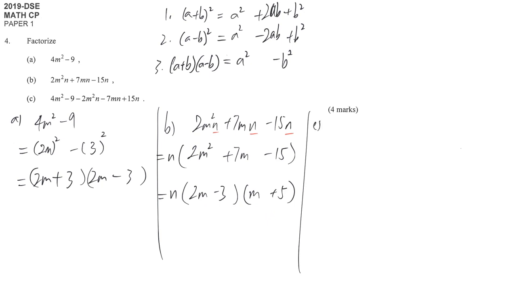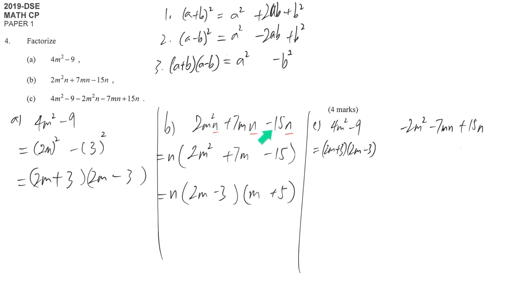Finally, part C, 4m squared minus 9 and then minus 2m squared minus 7mn plus 15n. The first part is part A, while the second group is part B. So we just use our result. 2m plus 3, 2m minus 3. And then on the left hand side, beware that it's not exactly the same.